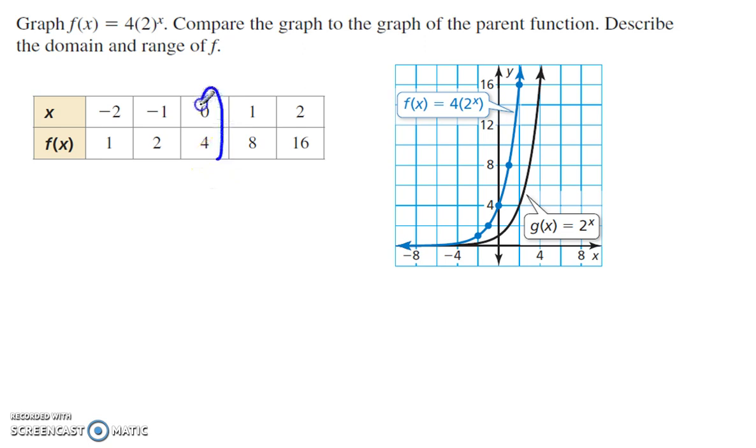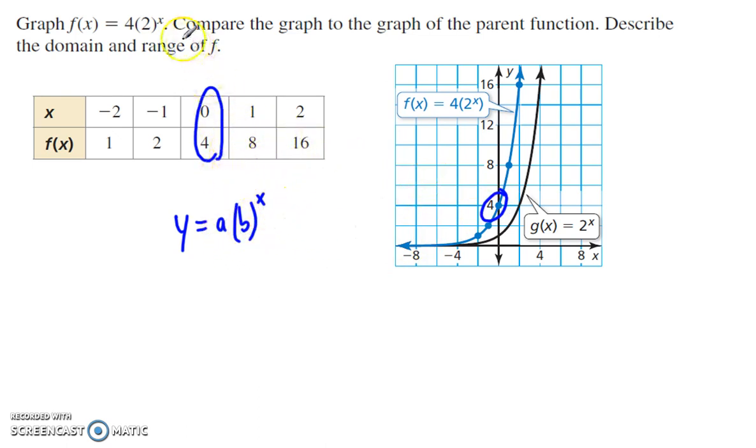Notice, if I plug in 0 for x, 0 for x gives me whatever a is. So a, in our exponential function, y equals a times b to the power of x. If x is 0, then a is my y-intercept, 4. So graphing that, I know that a is 4.